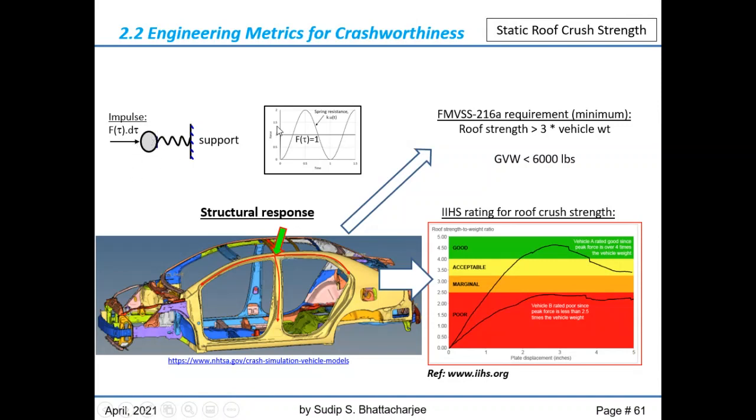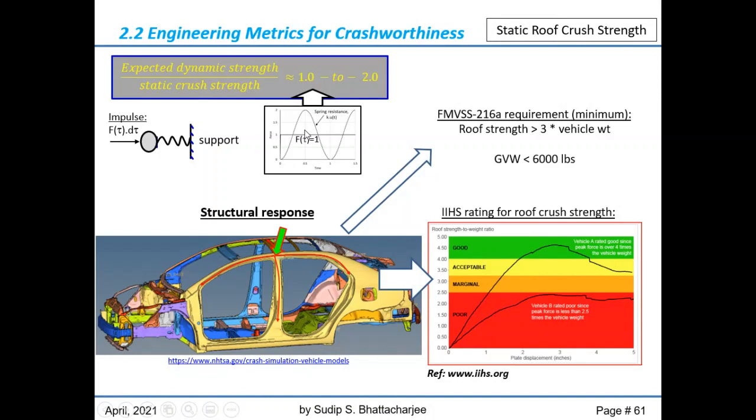If I apply a sudden impact, say an impulse of amplitude 1, then a spring mass system, depending on the spring property, will have different amplification, but the maximum amplification it can have is 2. So what we can estimate is that if statically I am applying a force of amount 1, the dynamic amplification of the force in the system could be up to 2 times.